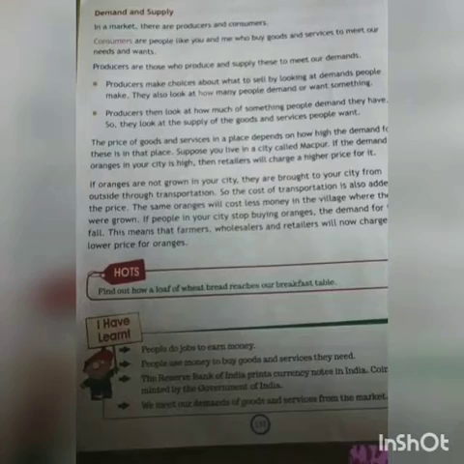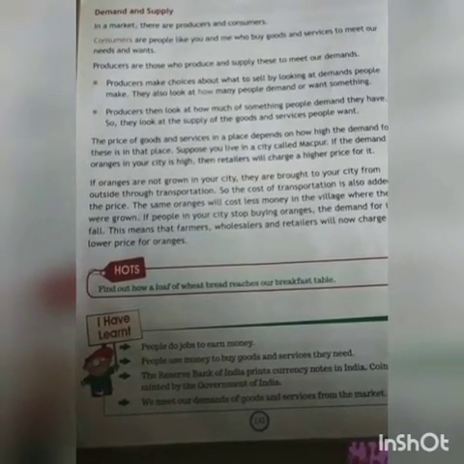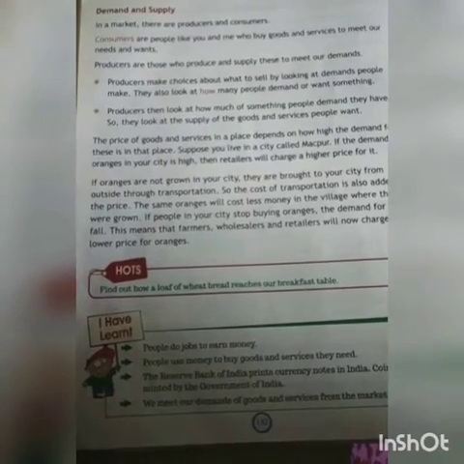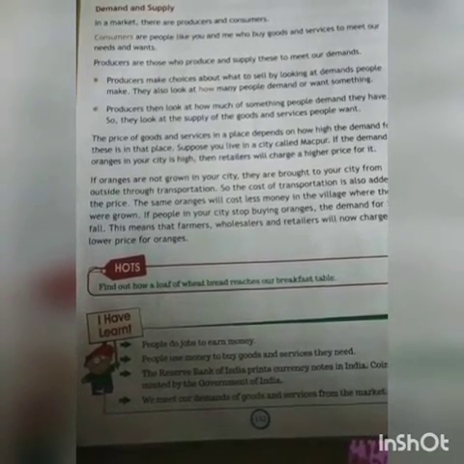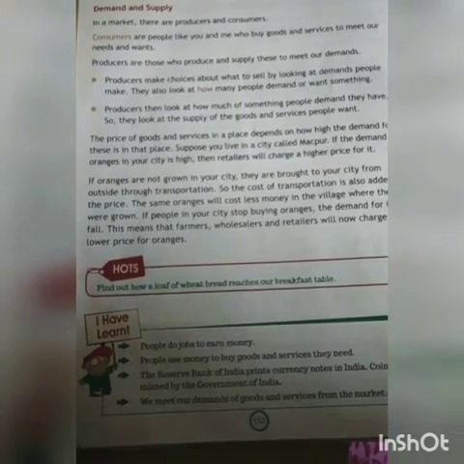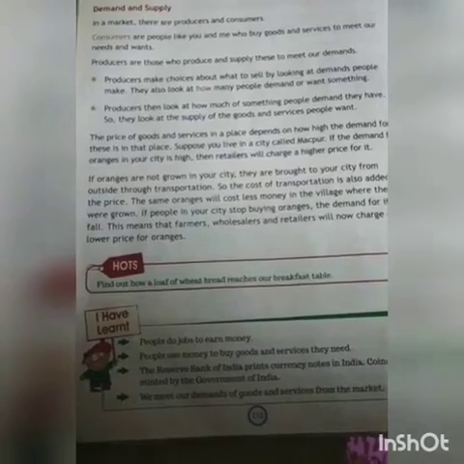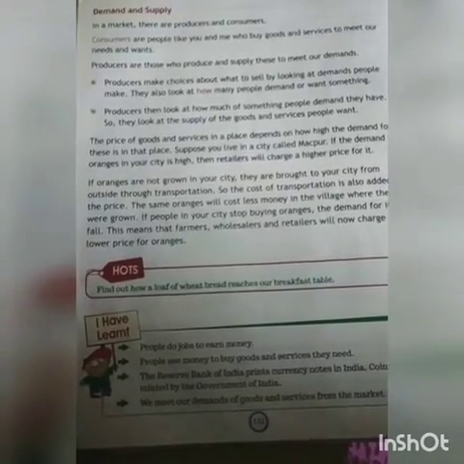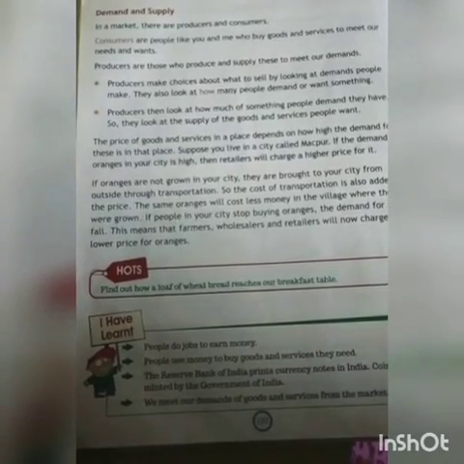If one apple costs 15 rupees, here the product, that is apple, is demanded. It is wanted by many people, right? 5 apples are wanted by 10 people. So he increases the cost of the apple.